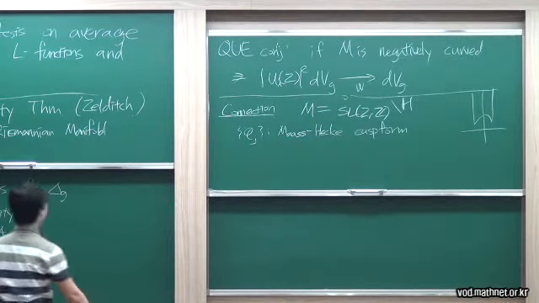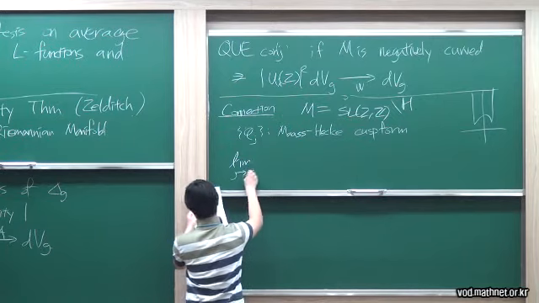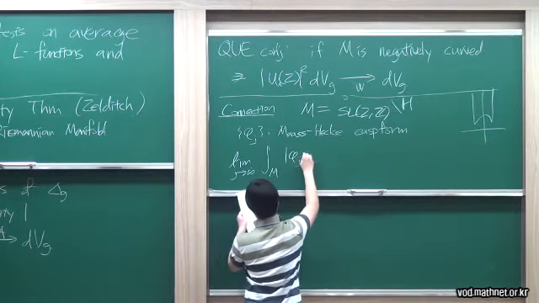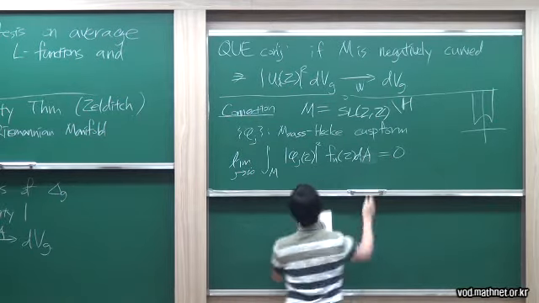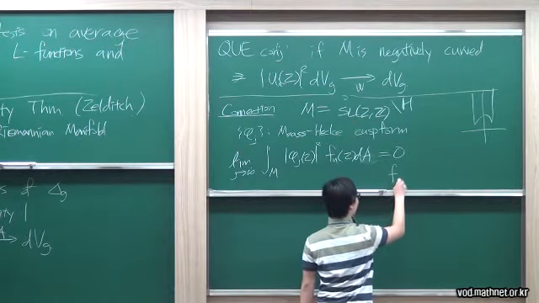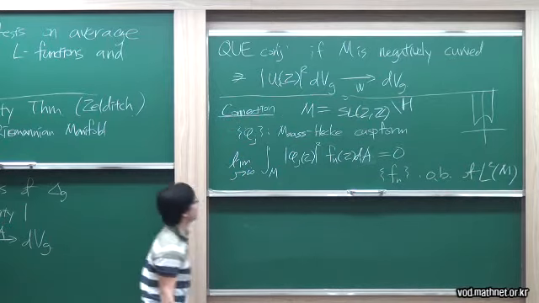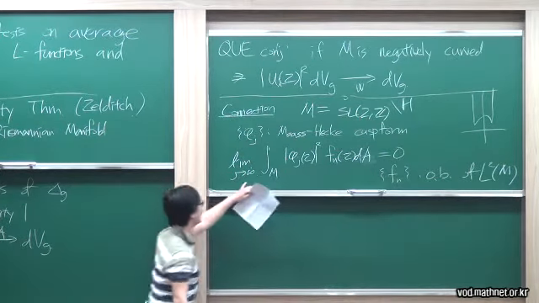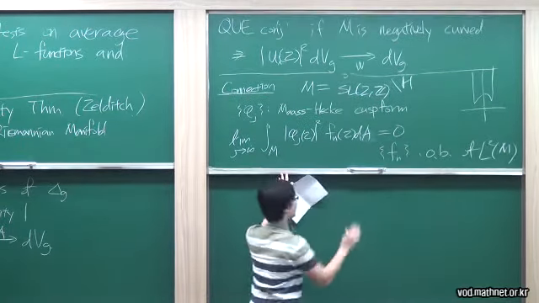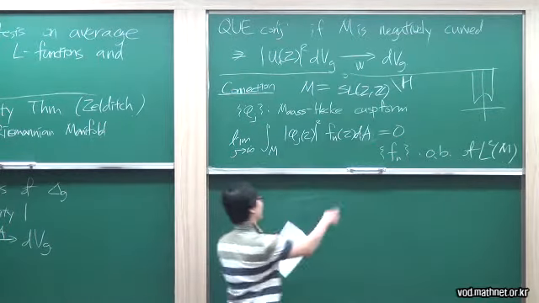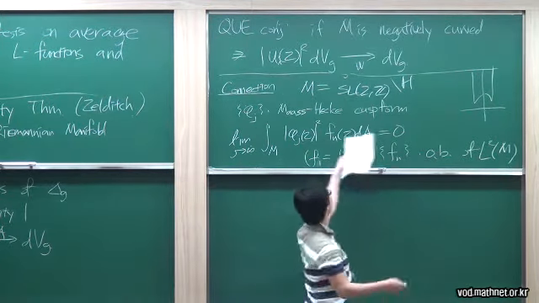Oh, before that, I have to mention that this statement in this context is equivalent to saying the limit of... So say you are given any orthonormal basis of L2 of M, then for each fixed n, if you compute this, and if you let j go to infinity, and if this equals 0 for each fixed n, then that is the same as the QUE conjecture, provided that the first eigenfunction is 1, so that everything else integrates to 0.